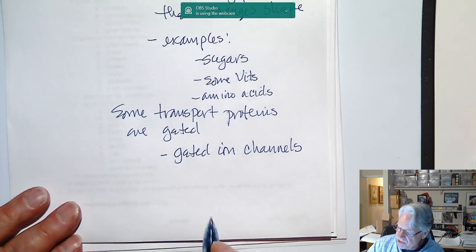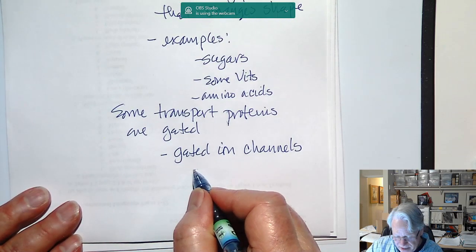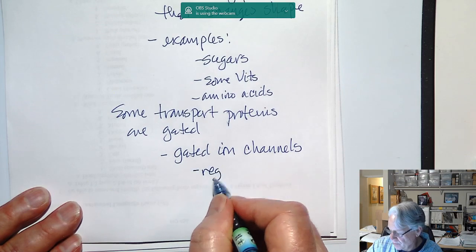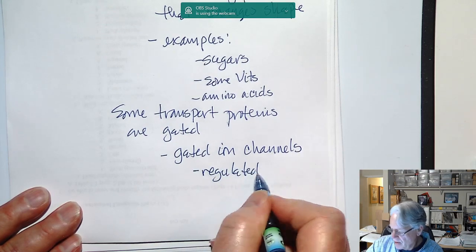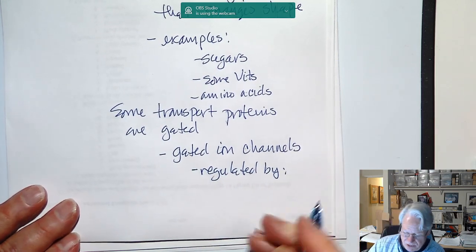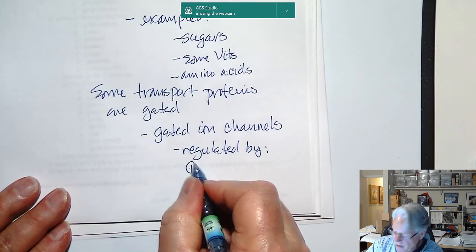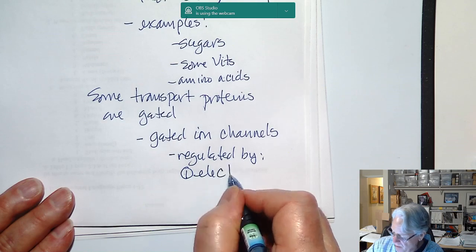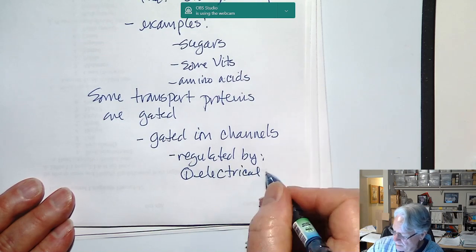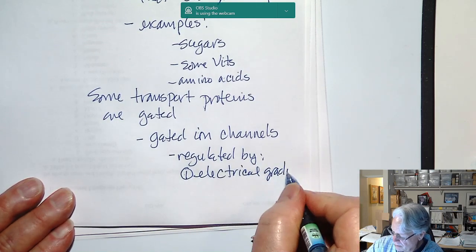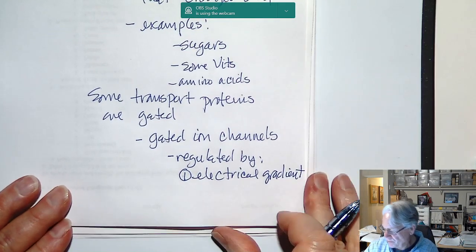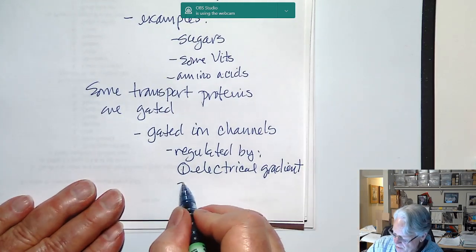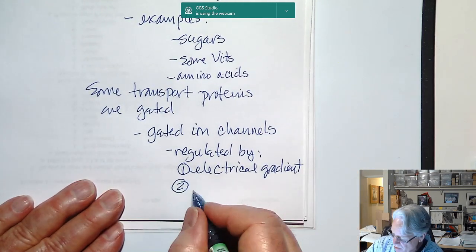These are open or closed. They're regulated by two possible stimuli. One is electrical gradient, and the other, which is less common, is chemical gradient.